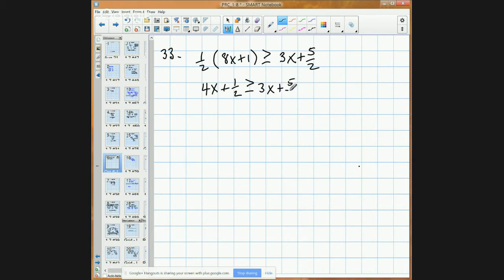So now it's time to think about getting the x's together. Usually my advice is get rid of the smaller one. So I'd want to get rid of the 3x by subtracting it from both sides. That would leave you with 1x plus 1/2 is greater than or equal to 5/2.